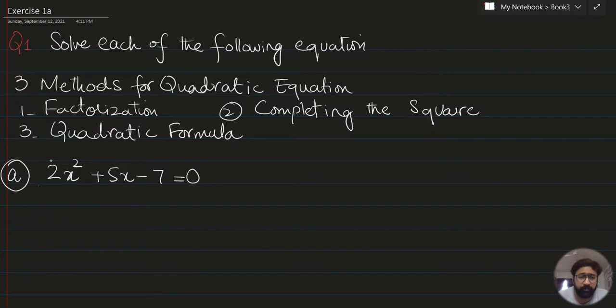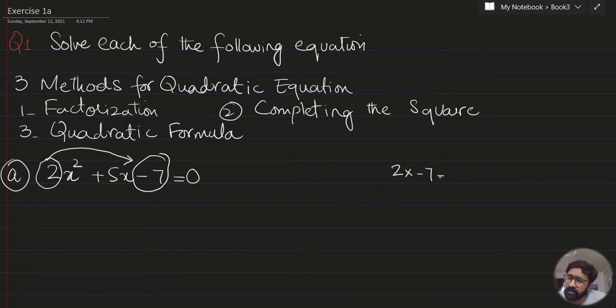It's very important. First of all, you are going to multiply the coefficient of x square with the last number in your equation. So what does it give you? 2 multiplied by minus 7 gives you minus 14. What is the purpose of minus 14? Just hold on.